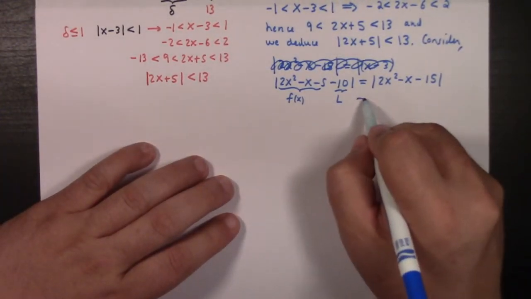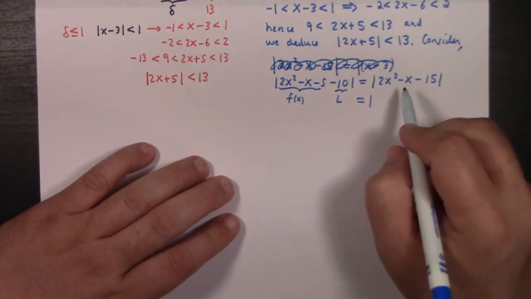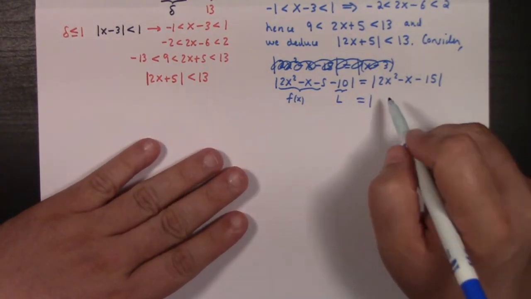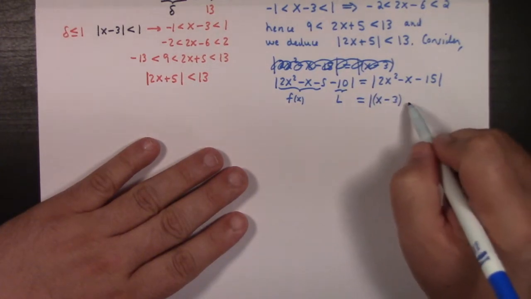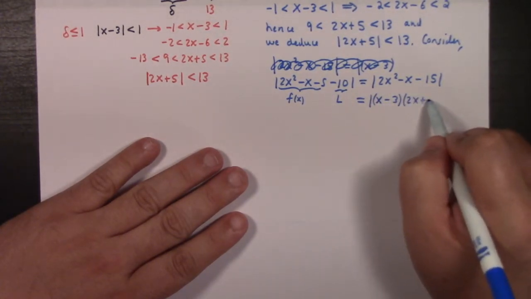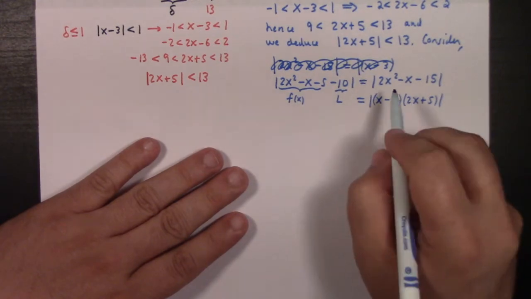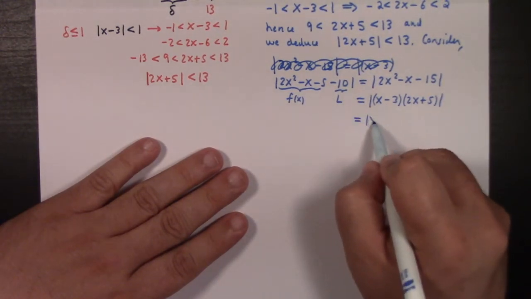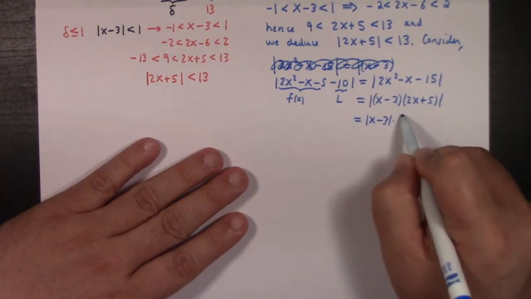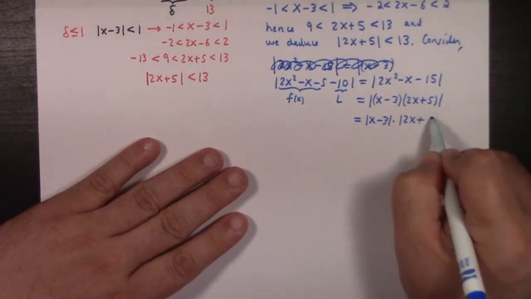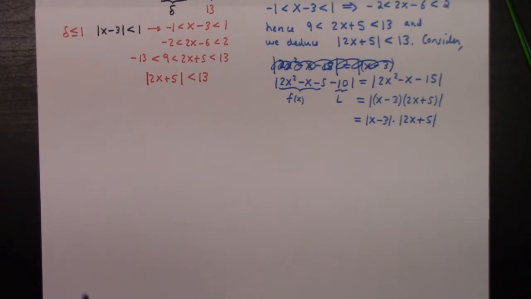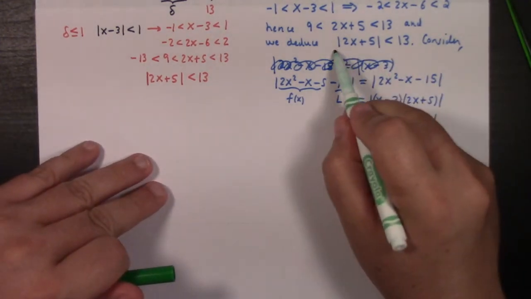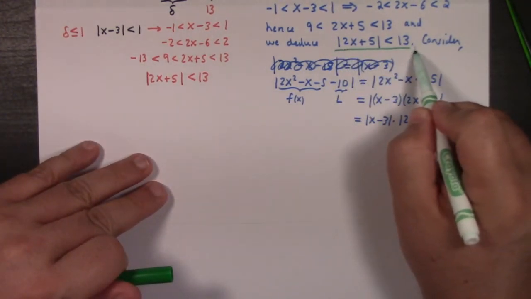So that is the absolute value of, as we went through a second ago, x minus 3. Still can factor, 2x plus 5. But by properties of absolute value, that is equal to the absolute value of x minus 3 times the absolute value of 2x plus 5. And what I usually do in a proof of this length is I'll label things, I'll call this result 1.